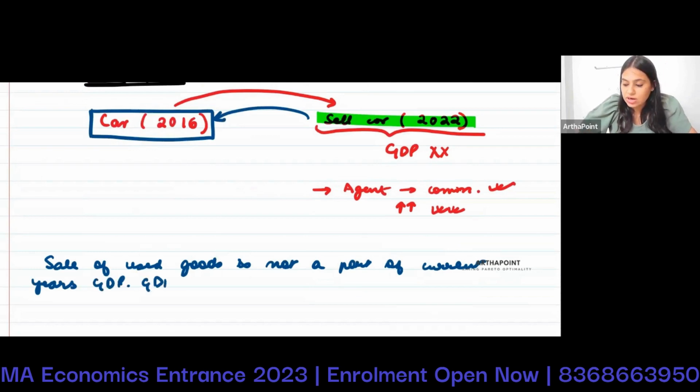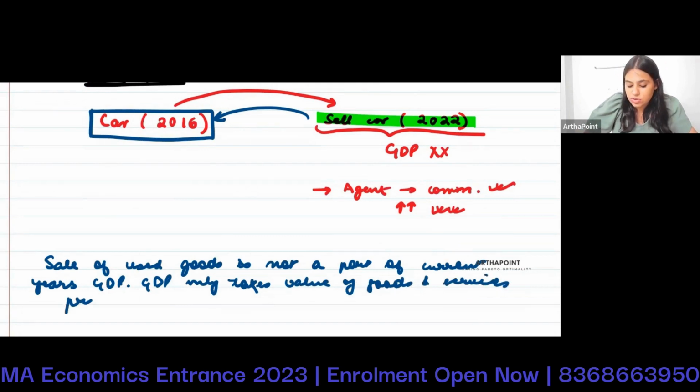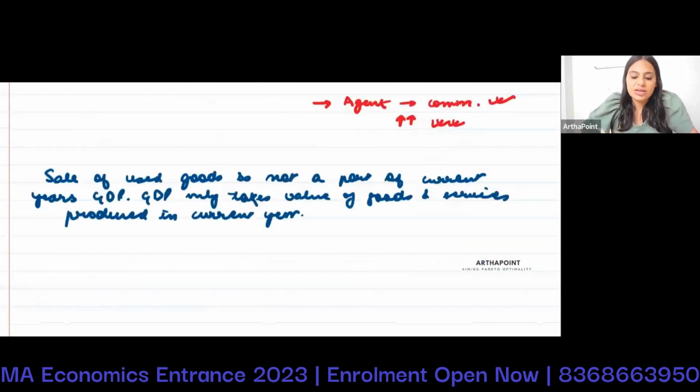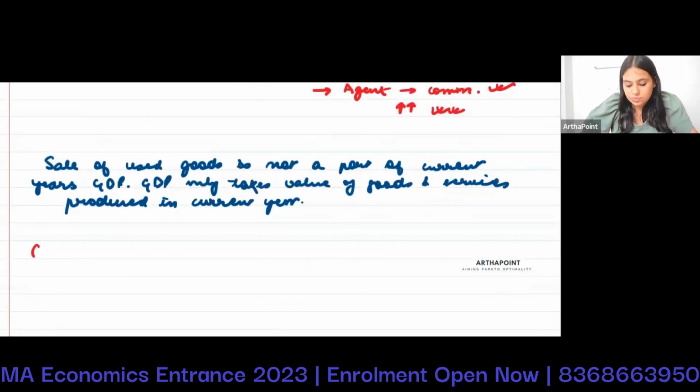GDP only takes value of goods and services produced in current year. So you will get a question like this, for example. It came last year in the IIT exam.